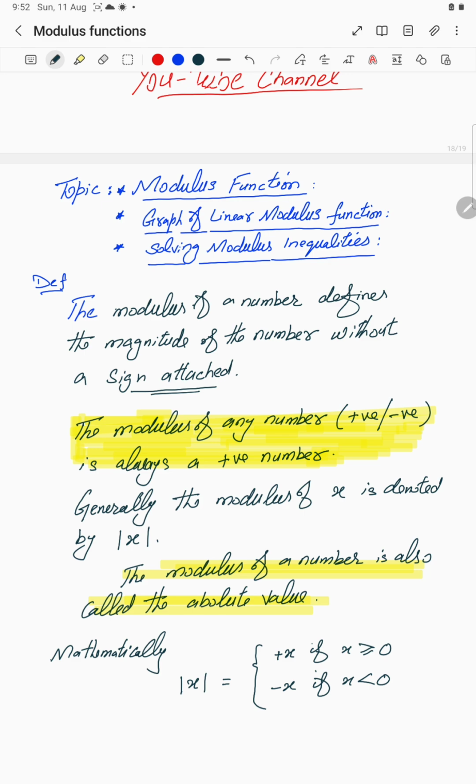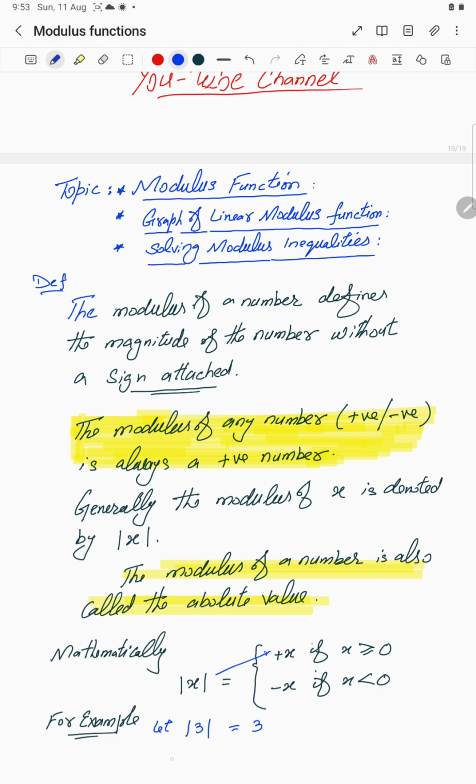I can explain this definition with an example. Let mod of x be mod of 3, that is plus 3. As 3 is greater than 0, we go with the first definition, and it will be 3.